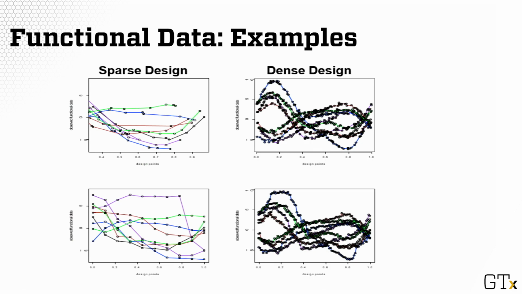These are examples of such functional data. The two examples on the left are for sparse design of time points, whereas those on the right are for densely observed time space, or dense design of time points. The difference between the examples of functional data displayed on the top versus on the bottom plots is that those on the top have a random design, whereas those on the bottom have a fixed, equally spaced design.